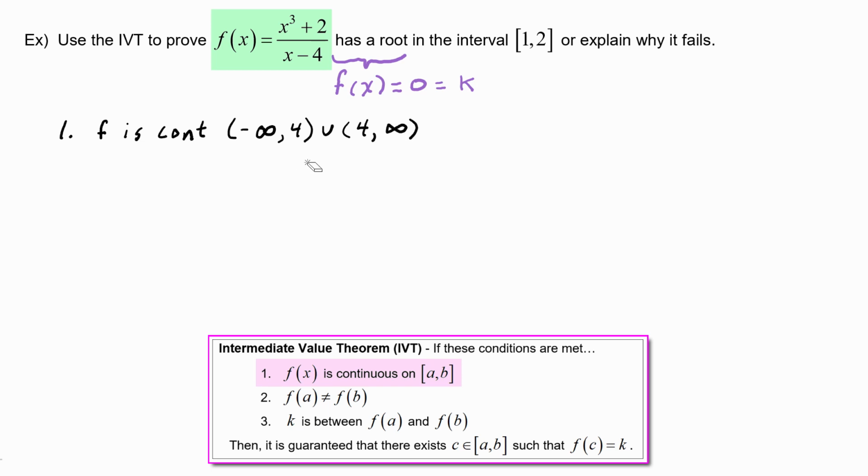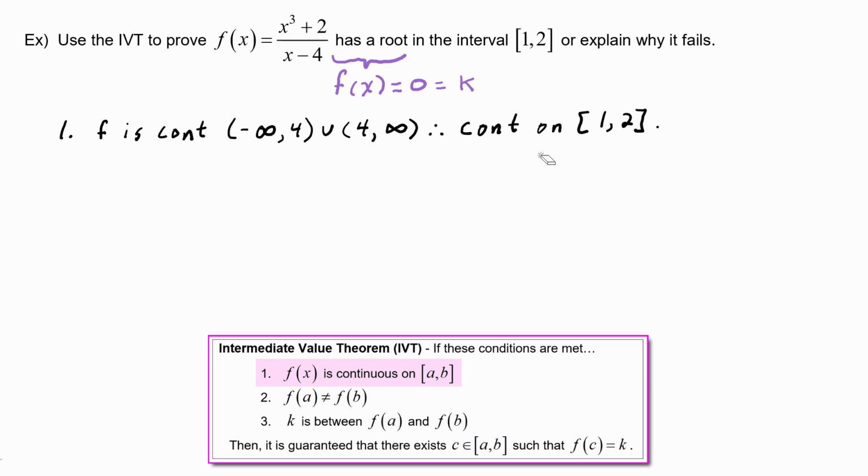We have to exclude 4 from the domain. Well, certainly the interval from 1 to 2 would fall within this interval, so therefore we can conclude that f will be continuous on the closed interval from 1 to 2.